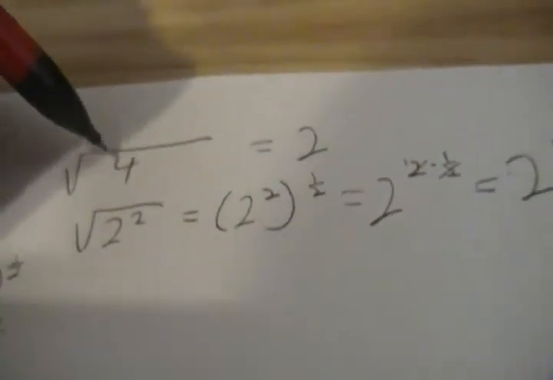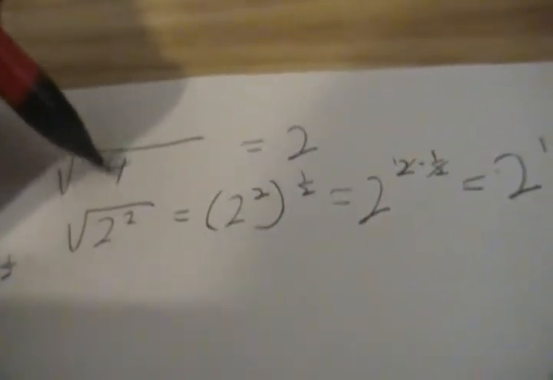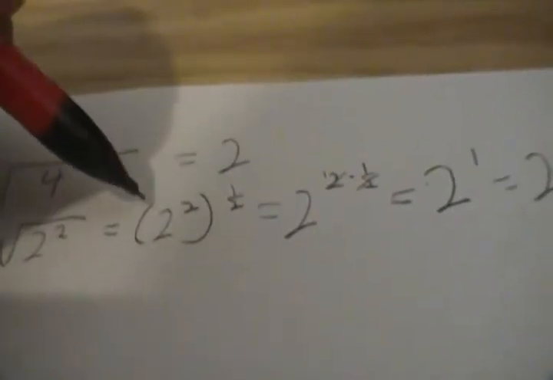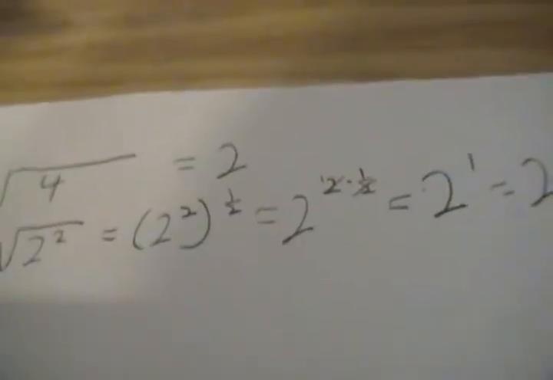2. So to do this process, we find the factors of what's inside here, and then we take that to the 1/2 power.